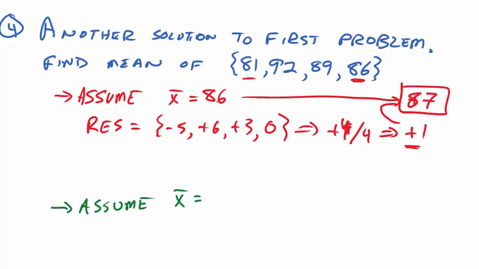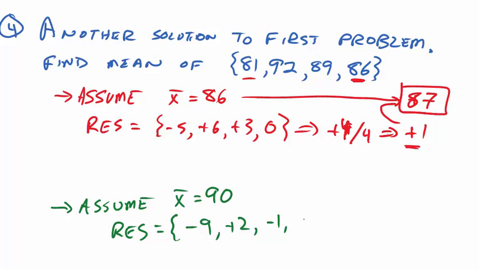So maybe picking a data point in there was just a fluke. Let's say I'm going to guess that the mean was 90. Let's again compute all of the residuals. So if my guess is 90, then my 81 was off by 9, and my 92 is 2 above. My 89 is 1 below.